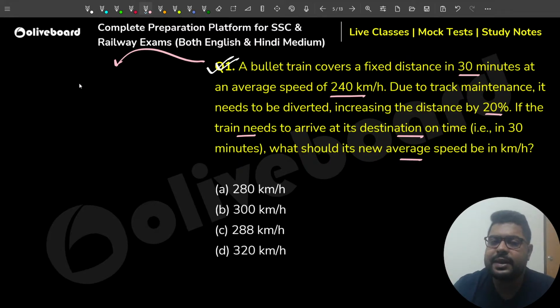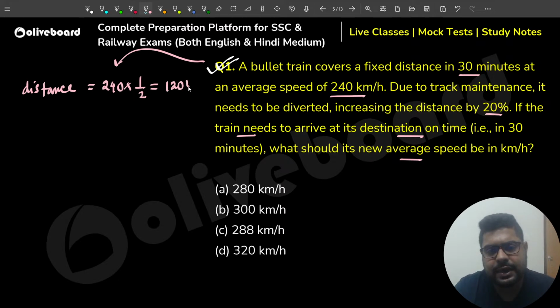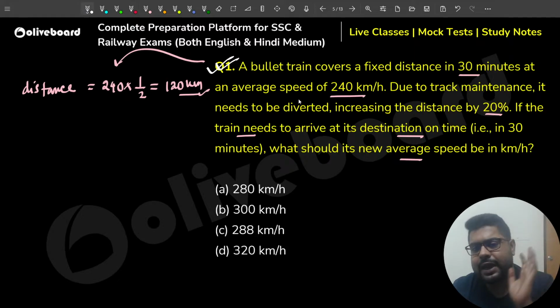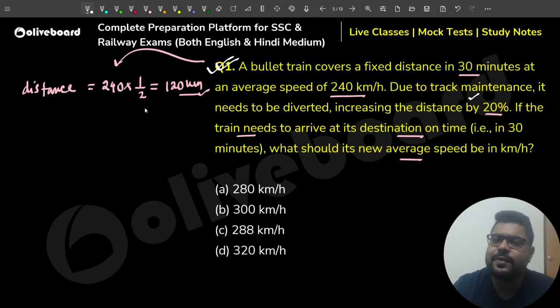Fixed distance, 30 minutes. So distance, can I say, that is 240 kilometers per hour into 30 minutes, meaning half an hour. So the distance they are covering is 120 kilometers. Now, due to the diversion, the distance increased by 20%.